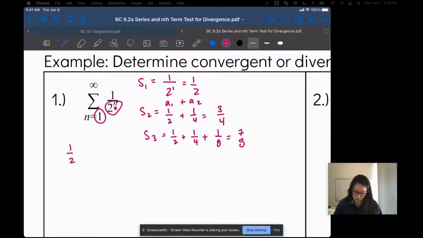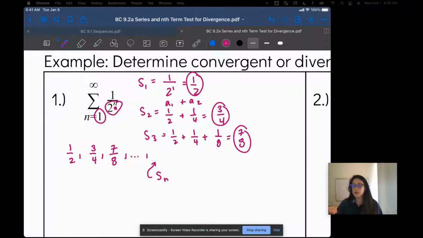What I'm trying to figure out is, if I put all the values of the partial sums as a sequence, what is the value of S sub n? Is there some rule that will give me each one of these outputs? This one's not too bad.